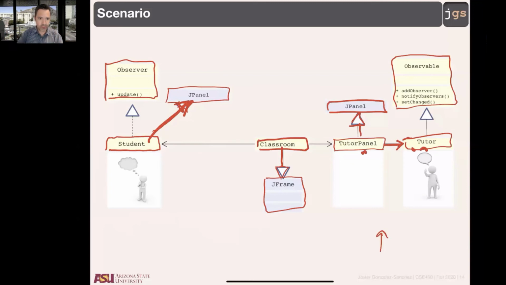The source code for this diagram. If I show you this diagram, this is basically the blueprint for a program that I want you to do. And theoretically, you know the panels, the frames, and now the observer pattern, and you can implement everything. Let's see. It's another way to extend, yes.